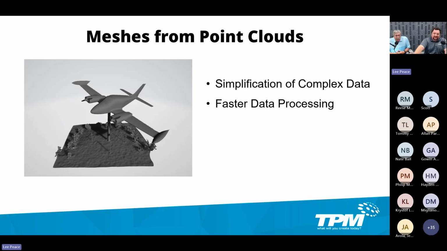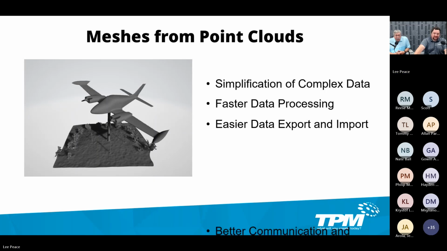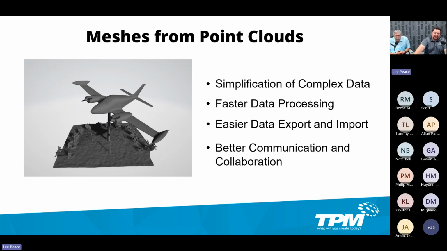One of the cool things is you will lose some of the accuracy, but it makes the data processing a lot faster. Because the data is easier to work with and faster, it's easier to import and export into different programs. Because it can be opened in more programs, basically anybody can look at it without the need for specialized programs.